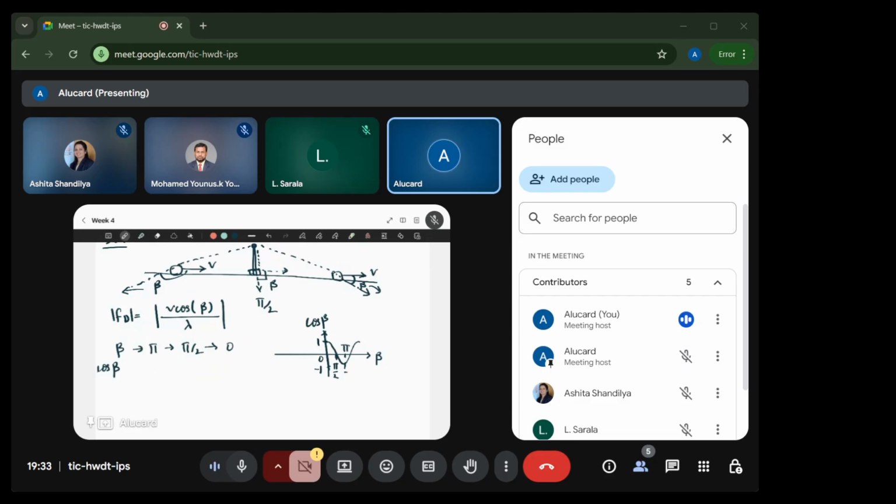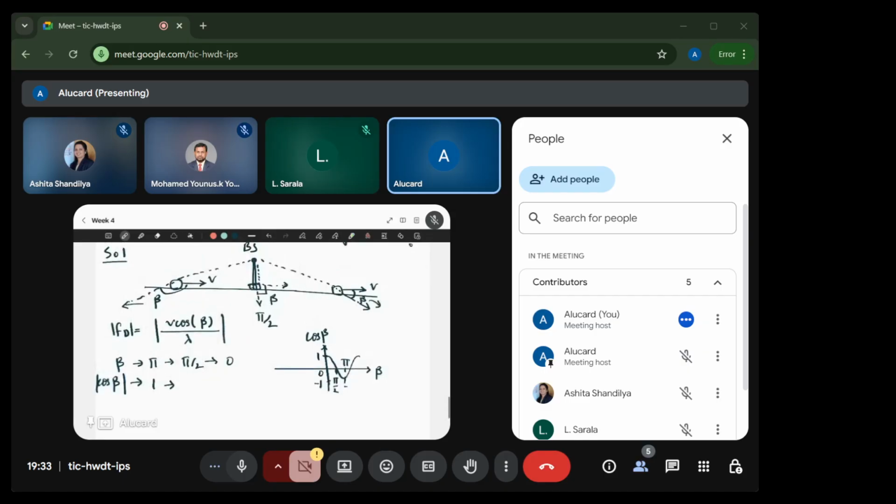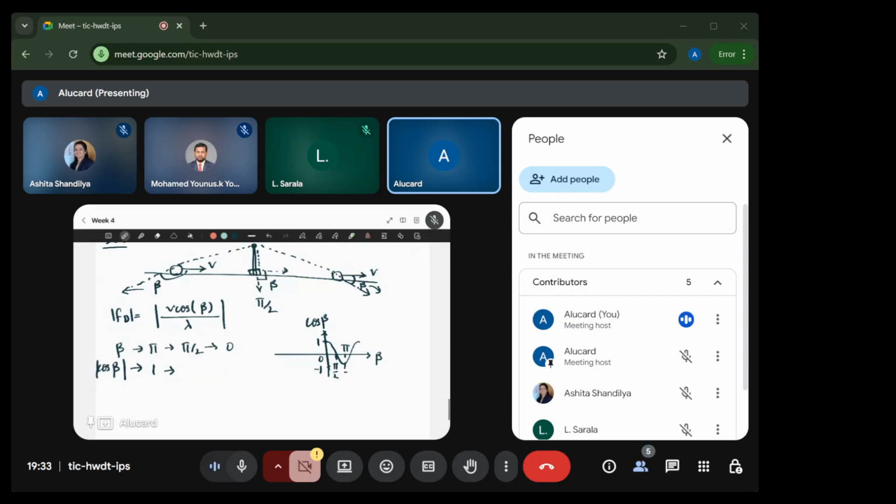Let's look at the magnitude of cos beta since we are concerned only with the magnitude of the Doppler shift. So cos pi is minus 1, magnitude is 1. Then when he is directly perpendicular to the base station, the magnitude becomes 0 and then again it becomes 1.